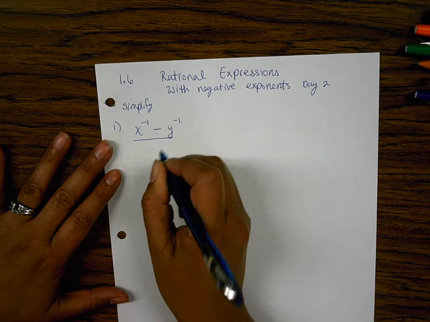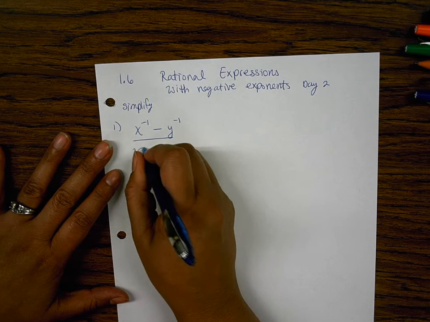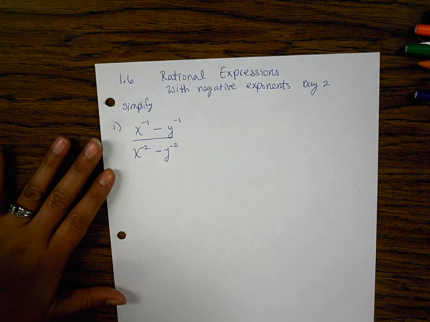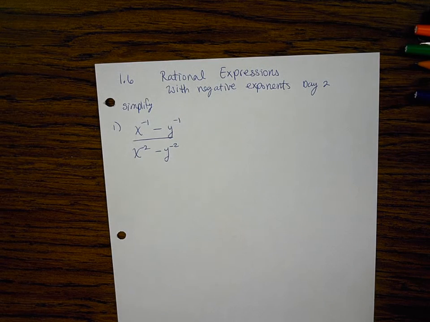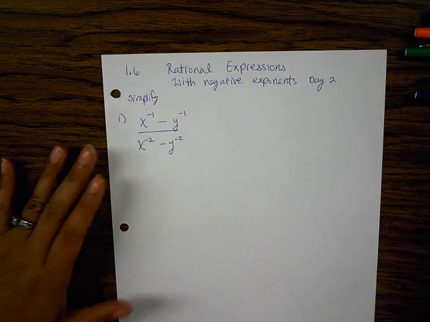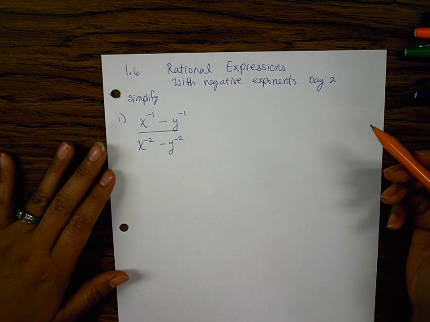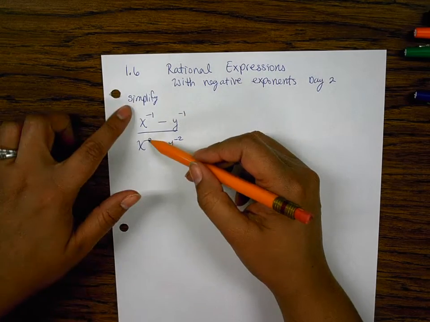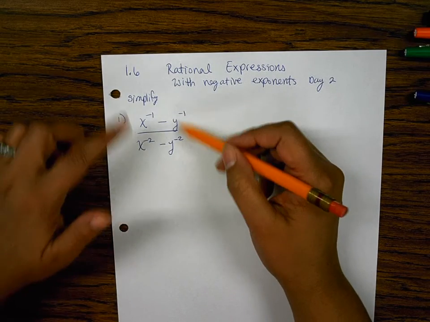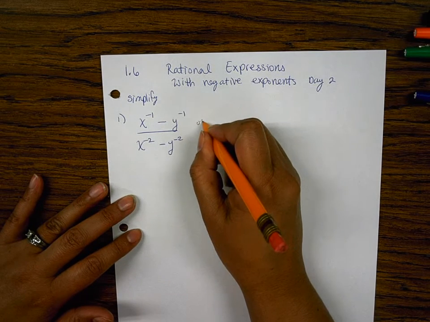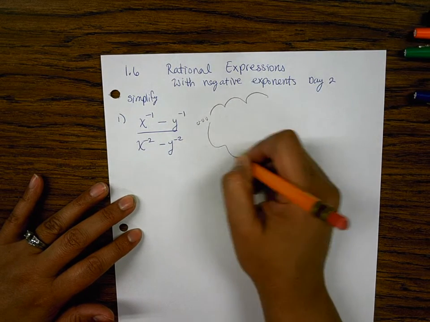Number 1. x to the negative 1 minus y to the negative 1 over x to the negative 2 minus y to the negative 2. Remember, we talked in the last lesson, 1.5, that you are not allowed to flip-flop these or move things up and down in this fraction.